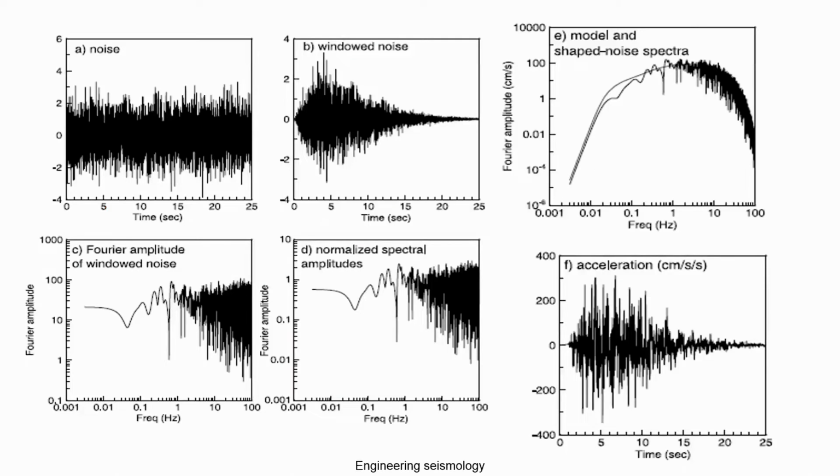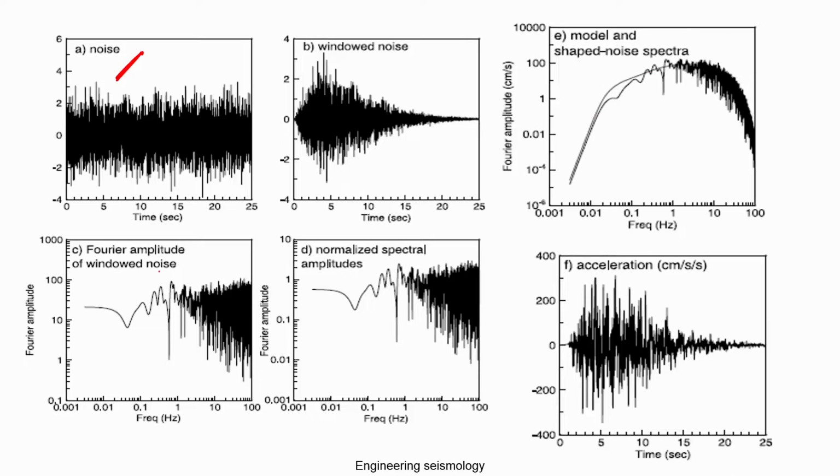So, these six steps have been broadly explained pictorially. This is basically a noise which is simulated based on the duration. Then apply a Gaussian window noise filtering, and then you will get this. Then model a spectrum. This is the spectrum you will get, which takes into account your corner frequency and all those things.